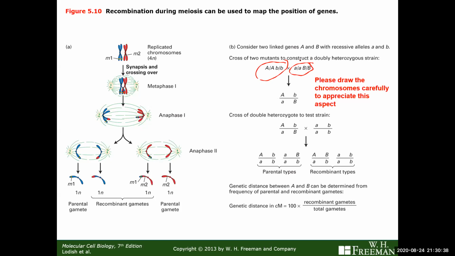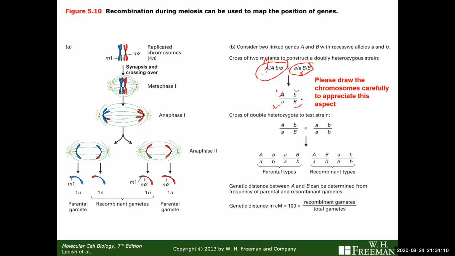So you are looking at the diploid that came out of this cross, and one chromosome will have, because it comes from this parent, wild type A and mutant B, and the chromosome that comes from this parent will have mutant A and wild type B, right? So this is a diploid.